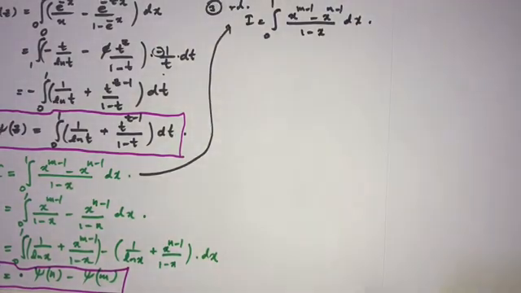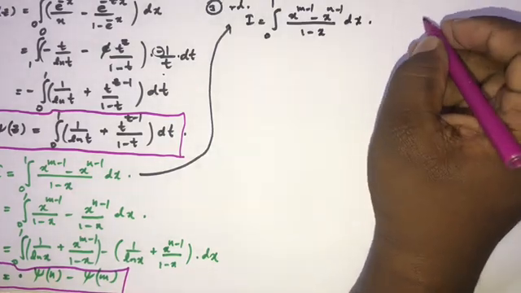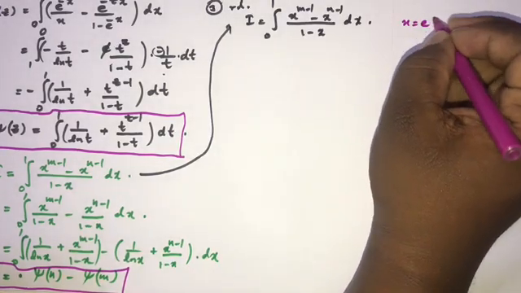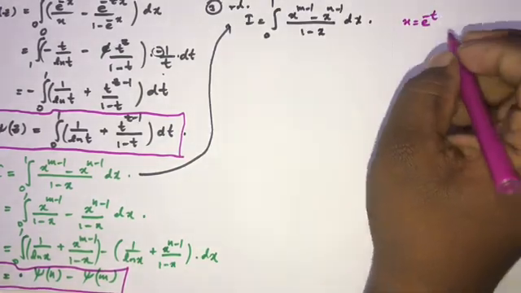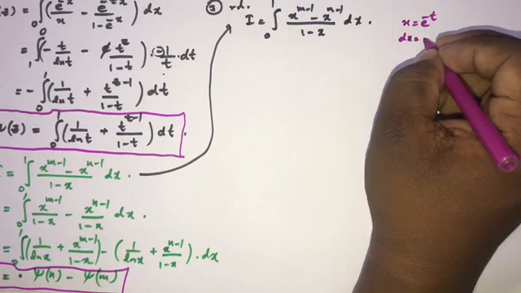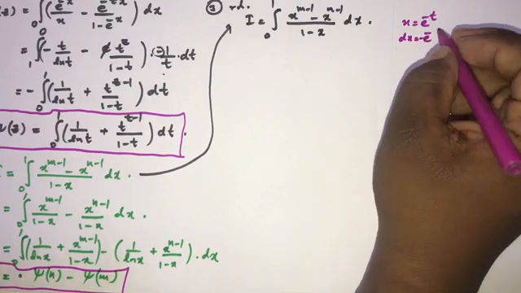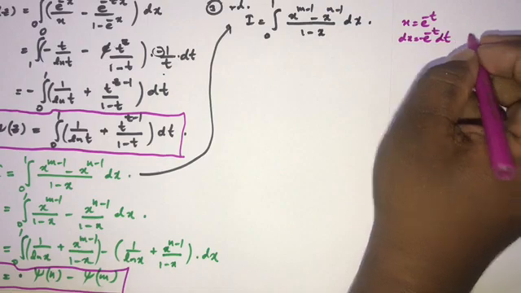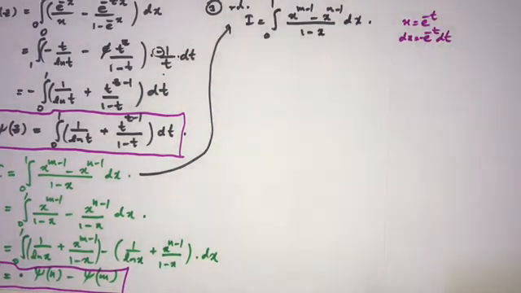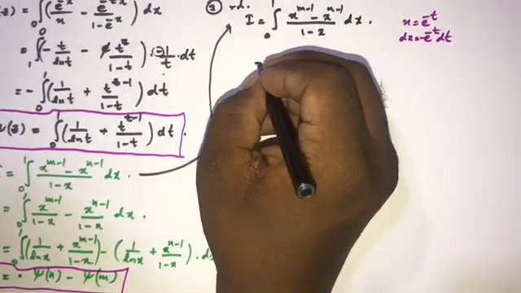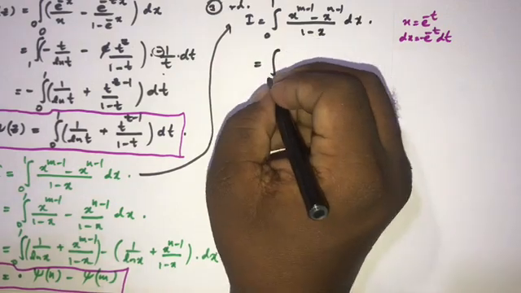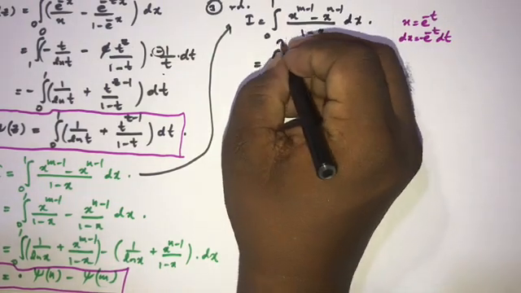And now I'm going to use a substitution. If we take x equal to e to the minus t, then dx is equal to minus e to the minus t dt, and the lower and upper limits change, so here infinity to 0.